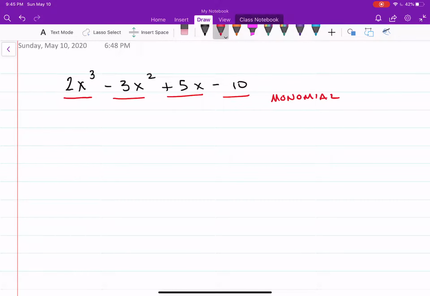Now, a binomial means 2 terms, so right here or right here would be a binomial. And a trinomial means 3 terms, so that'd be a trinomial.